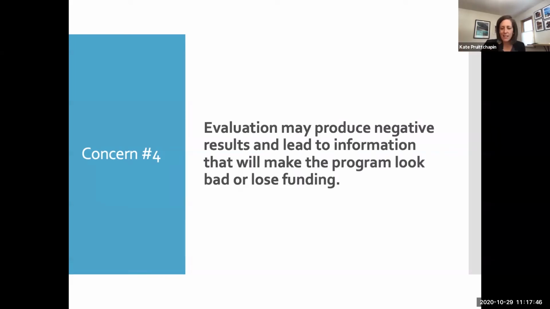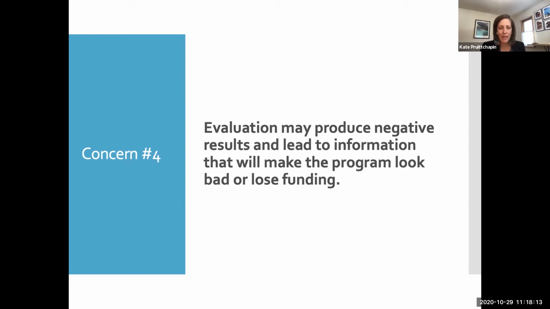Okay. So let's see. Another concern is that evaluation may produce negative results and lead to information that makes the program look bad or lose the funding. So that's certainly true, that evaluation may reveal problems that your agency encounters in terms of doing the work.